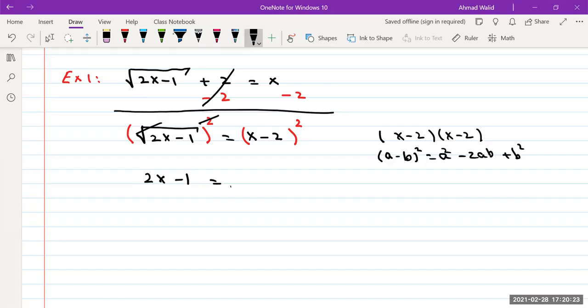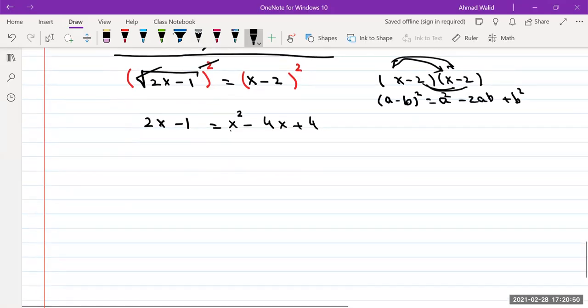The square of the first term, x squared, minus 2 times this times this. 2 times x gives you 2x, 2x times 2 gives you 4x, plus the square of the second term, 4. If you can't do this, please use the FOIL method here, distribute, and then simplify your answer here, correct? Now, solving, I have to move everything to one side, correct?